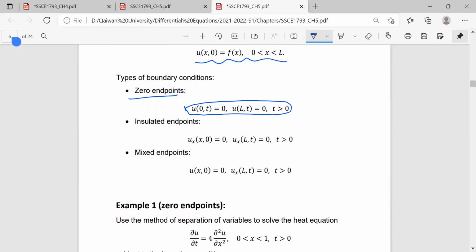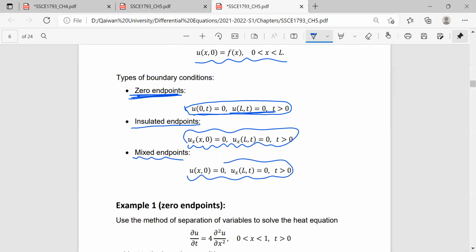If none of them are derivatives, here we have u of 0 and t and u of l and t, it is zero endpoints.